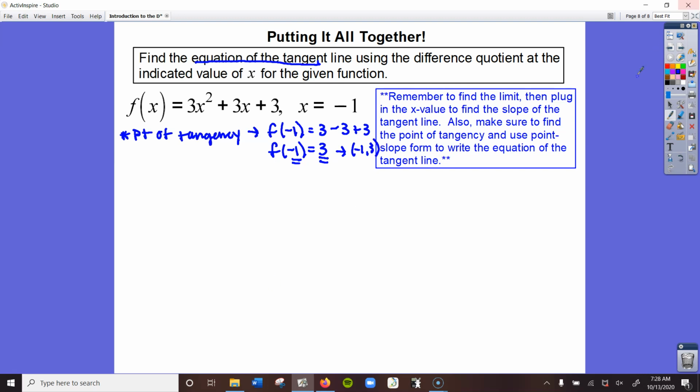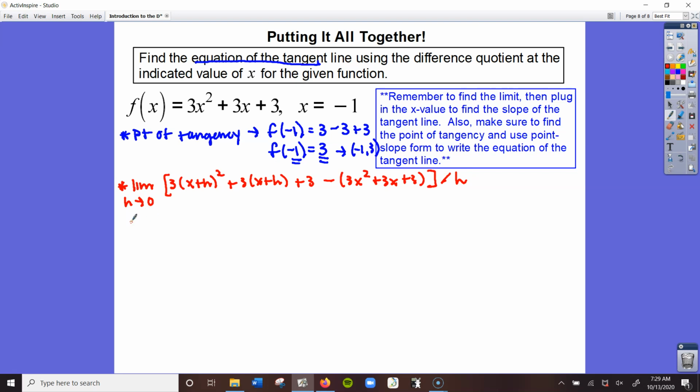Okay, so now we need to find the limit, which is going to be our derivative. So the limit as h is approaching 0. First, we're going to do f of x plus h, so 3 times x plus h squared, plus 3 times x plus h plus 3, minus all of f of x, which is 3x squared plus 3x plus 3, and everything is going to be over h.